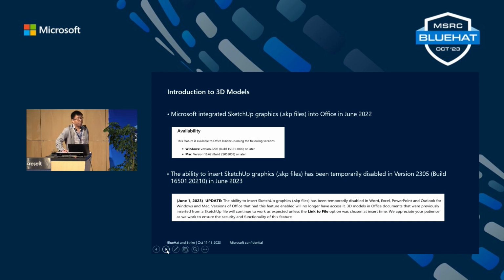As I mentioned before, this feature was available in Office Insider versions in June 2022, and several months later, this feature was made available in the release version. Just 1 year later, in June 2023, Microsoft disabled the feature.